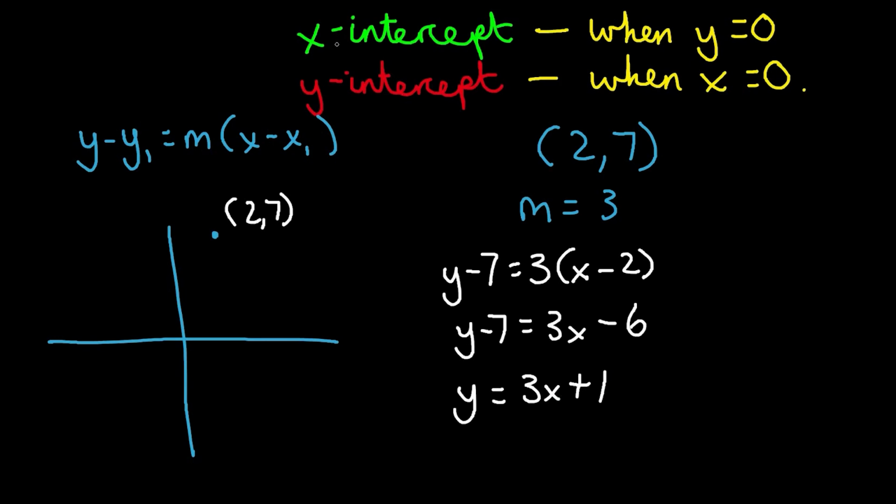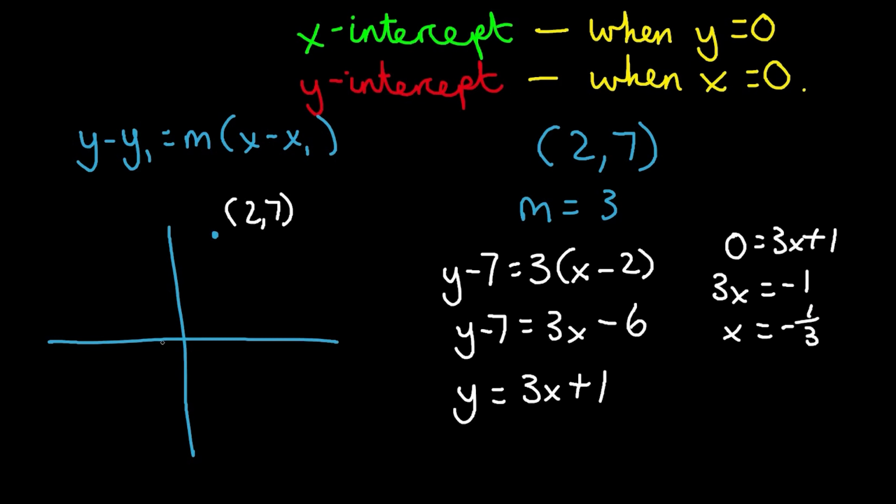And we can use this to find the x and y intercepts again. Set y to 0, 0 is equal to 3x plus 1. So 3x is equal to minus 1, x is equal to negative 1 over 3.